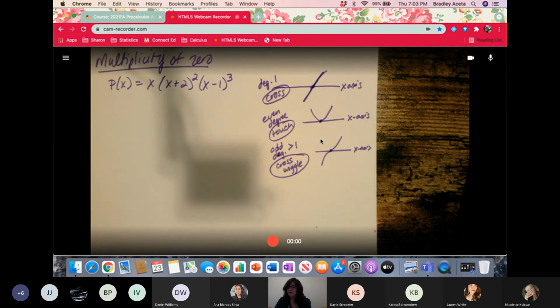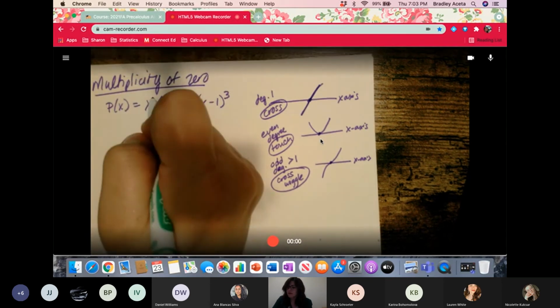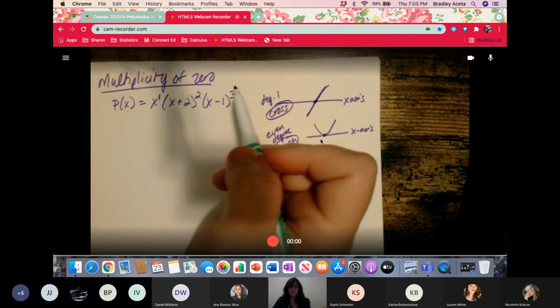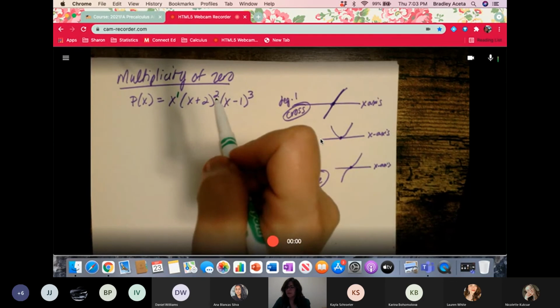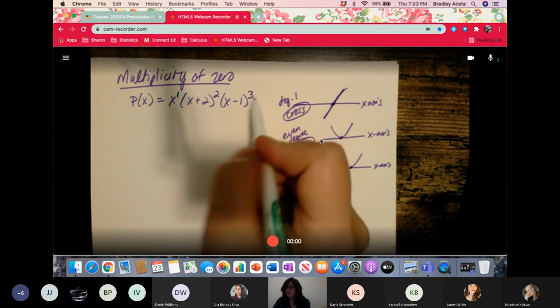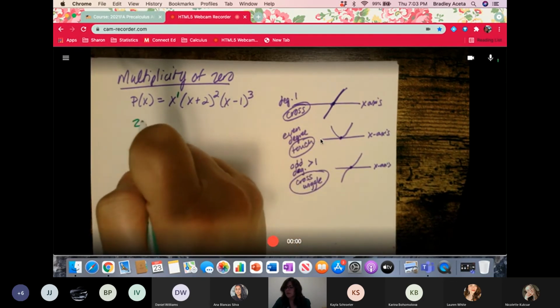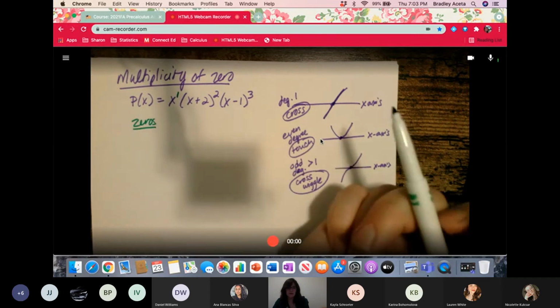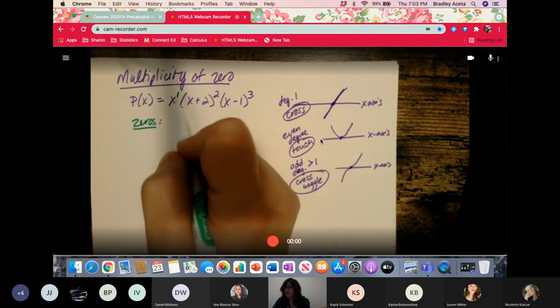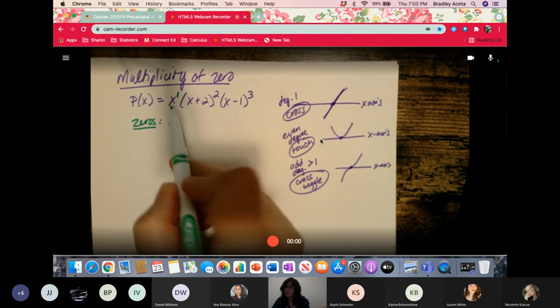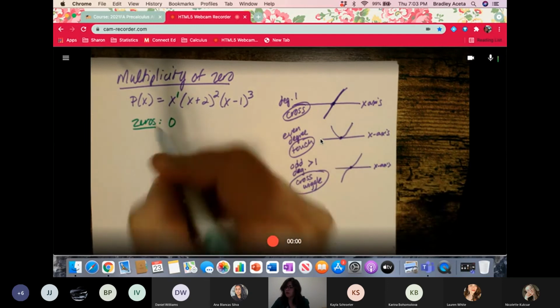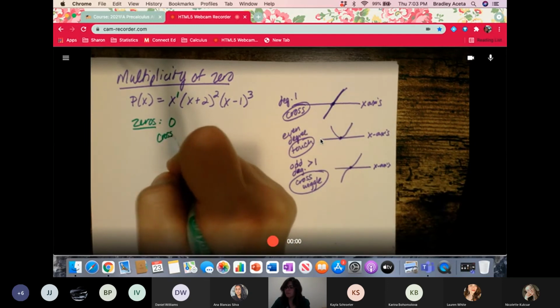Okay, so this x is degree 1. This x is degree 2, and this is degree 3. So my zeros, my x-intercepts, are at 0, and at 0 it has degree 1, so it's going to cross right through it.